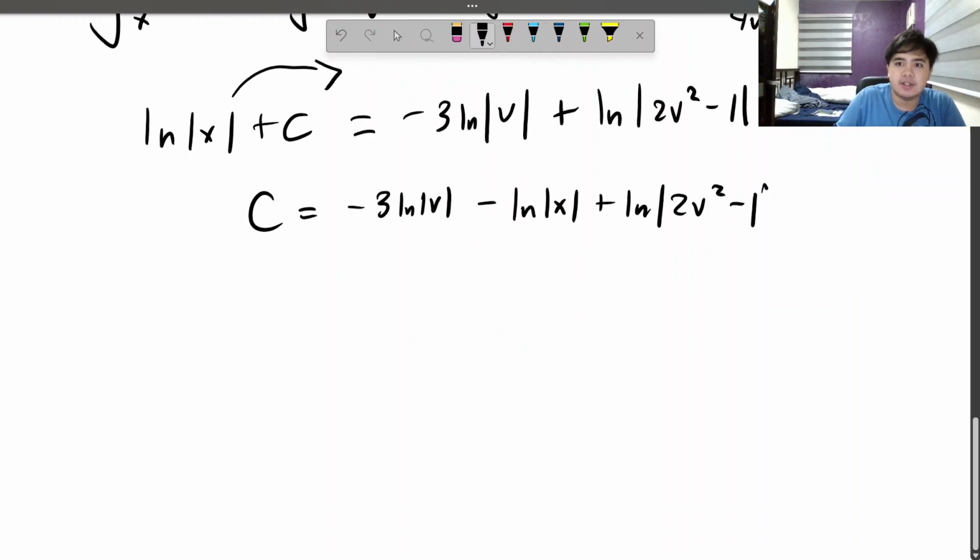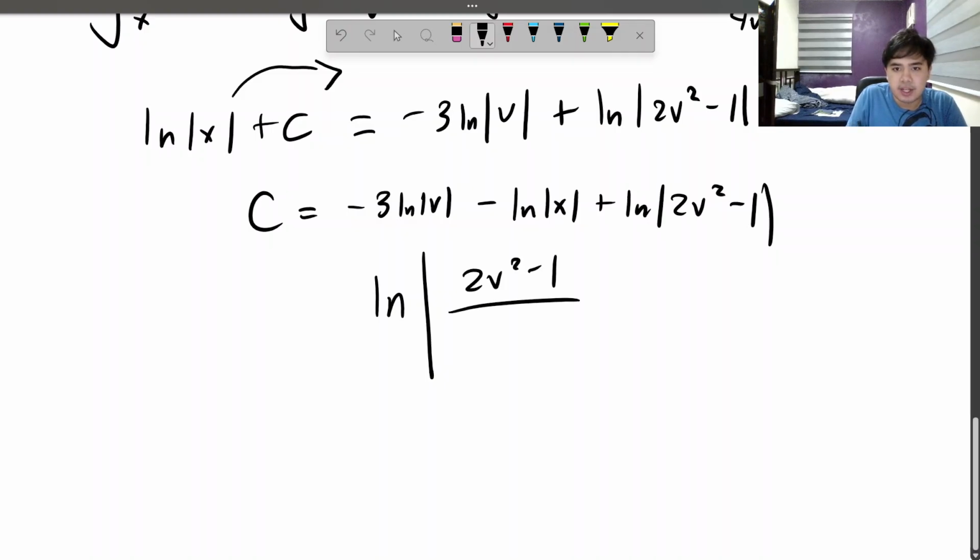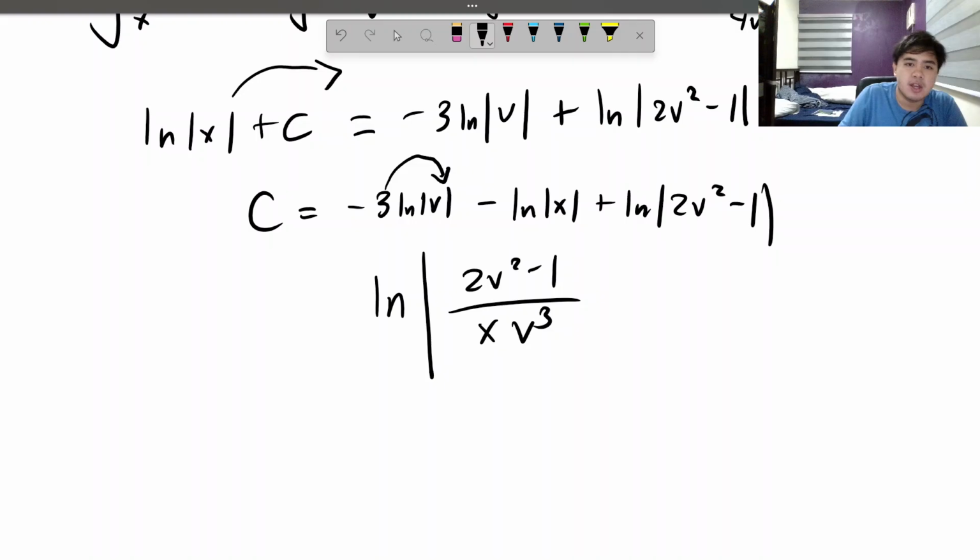This is where it gets very satisfying. We can combine everything into one big natural logarithm. The positives on top, 2v squared minus 1. The negatives on the bottom, x, and v cubed. We can raise the power inside with the multiple of the natural logarithm according to the laws of logarithms, and since it's negative, we can put it on the bottom.